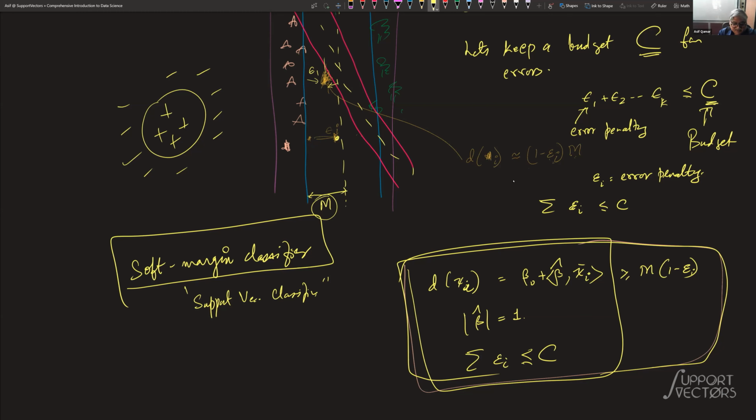So at this moment, suppose this soft margin classifier allows for a situation in which your data is like this. Mostly houses, and then green trees, right?